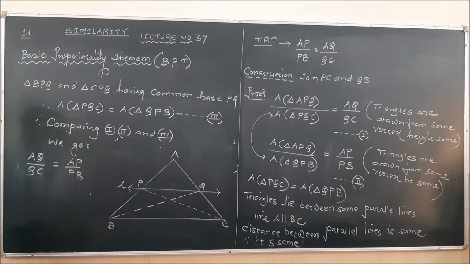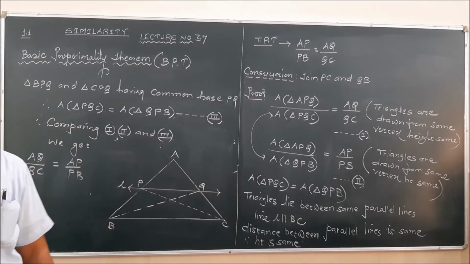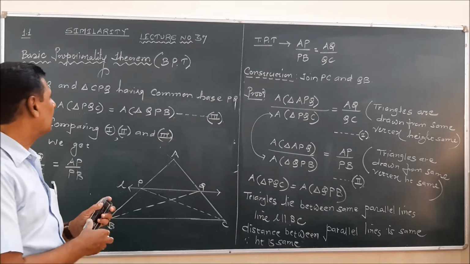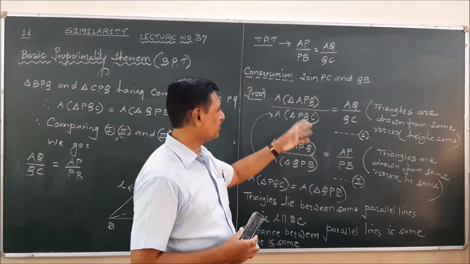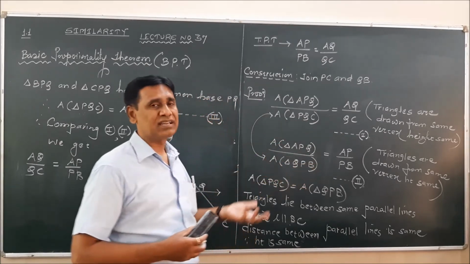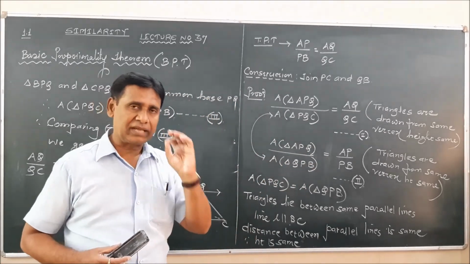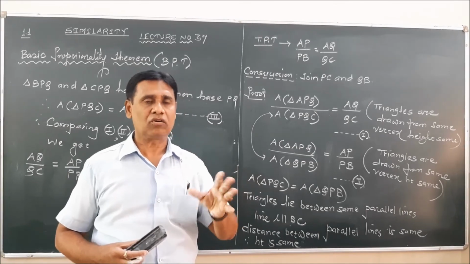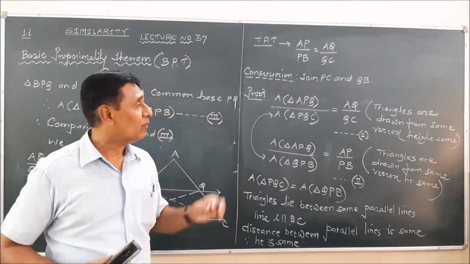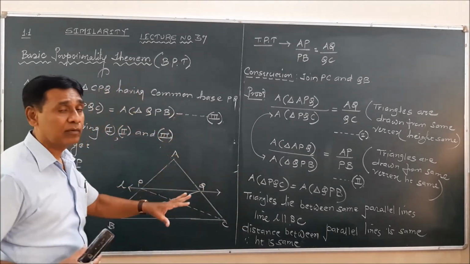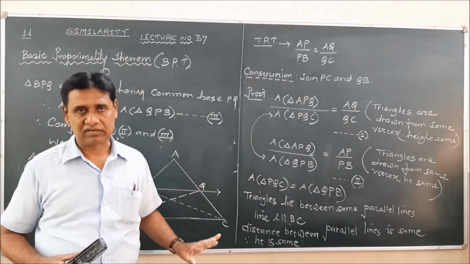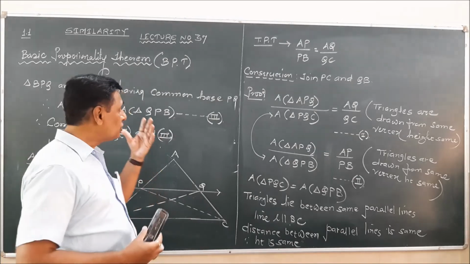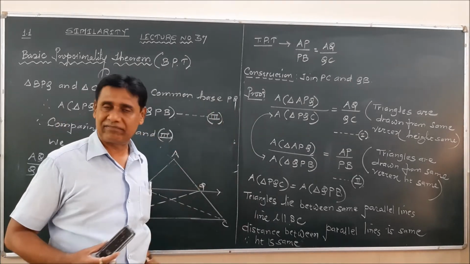So this is how you will find, dear students. We have finished very important theorem, basic proportionality theorem. Some steps, some words I must have skipped out. So for avoiding losing of marks, I would like to tell you, please copy the same theorem from your textbook, not the way I have written. My job is only to explain you how these terms have come.